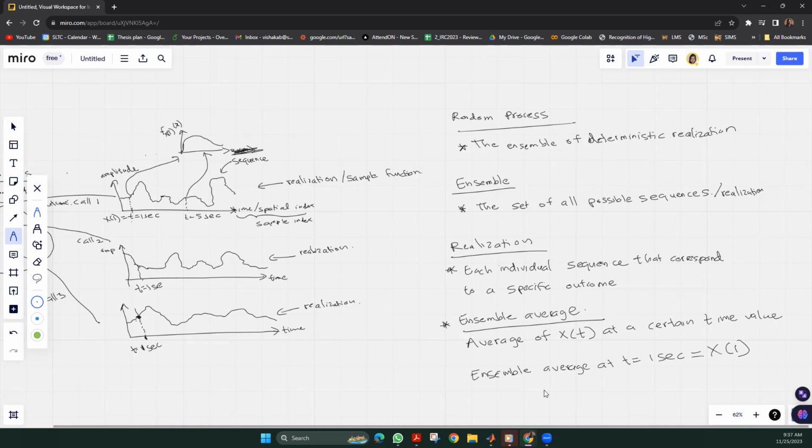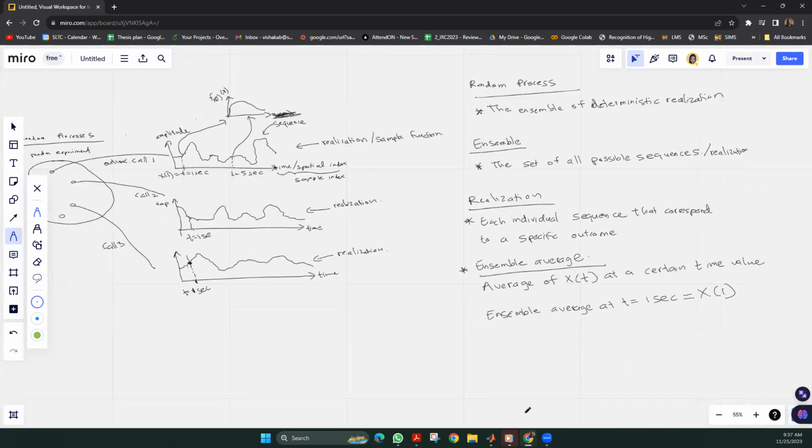The ensemble average we can find using the definition of the probability density function, right? We know that xt follows a certain probability distribution or density function, like the Rayleigh function. That Rayleigh function is denoted as fx1 of x, where the variable is now x1.